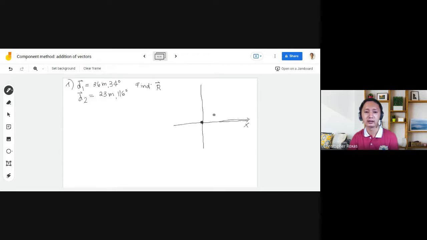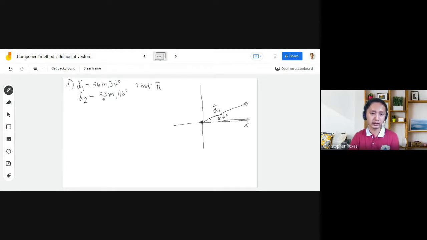So, if we will draw this, and we use a protractor, this is 0 degree, you measure an angle of 34 degree from the positive x. So let's say that. And then you draw the 36 meter. You decide on your own scale. So this is your D1.